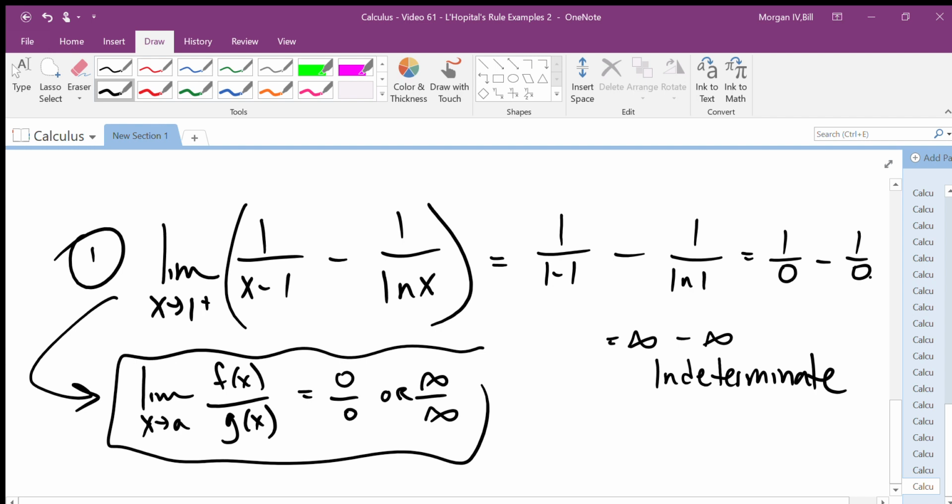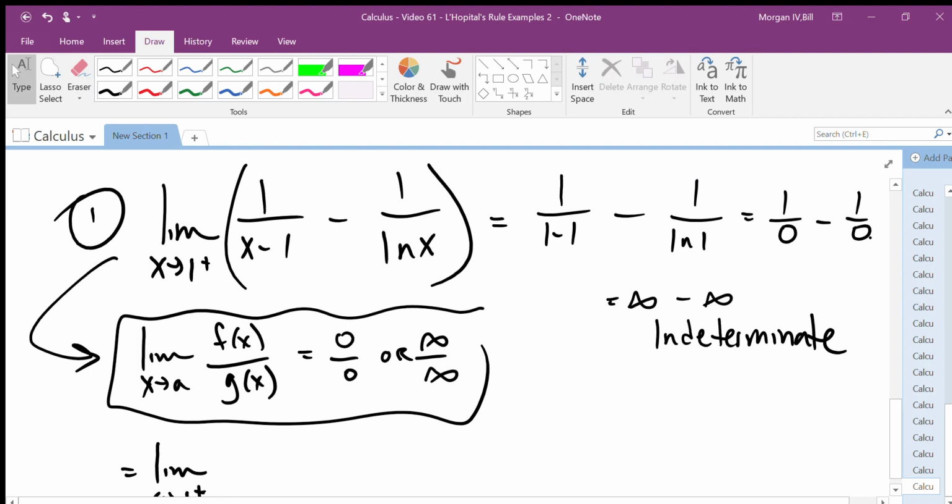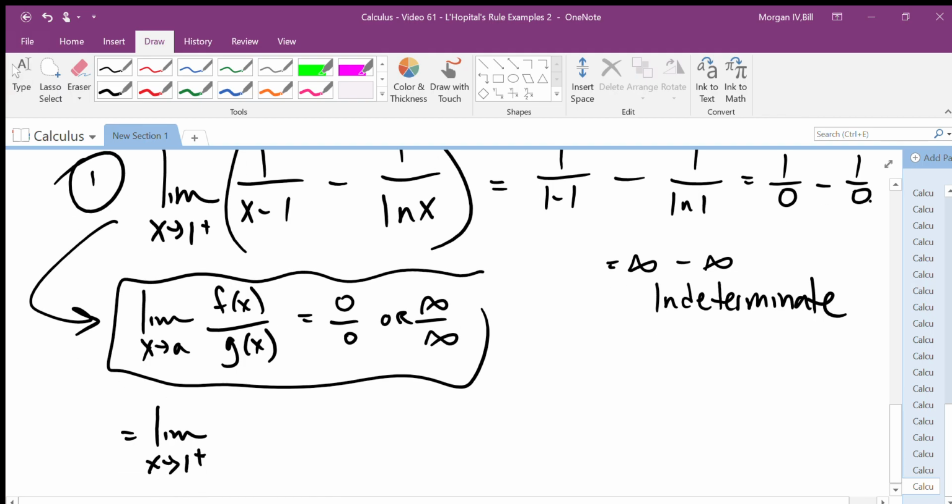Right? We're trying to go from here into this form. And the only way I can see to do that right now is to go ahead and get common denominators and combine those fractions. The 1 over x minus 1 minus the 1 over natural log of x, get common denominators, put those together. So let's try it. This is equal to the limit as x approaches 1 from the right. Common denominator would be x minus 1 times the natural log of x.